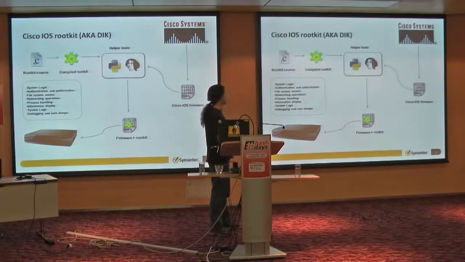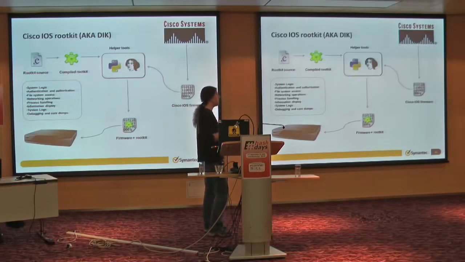I will compile the rootkit, and using that, I can disassemble the iOS firmware, I can disassemble the rootkit itself, and using a few scripts, I might be able to insert the rootkit code into the iOS firmware.